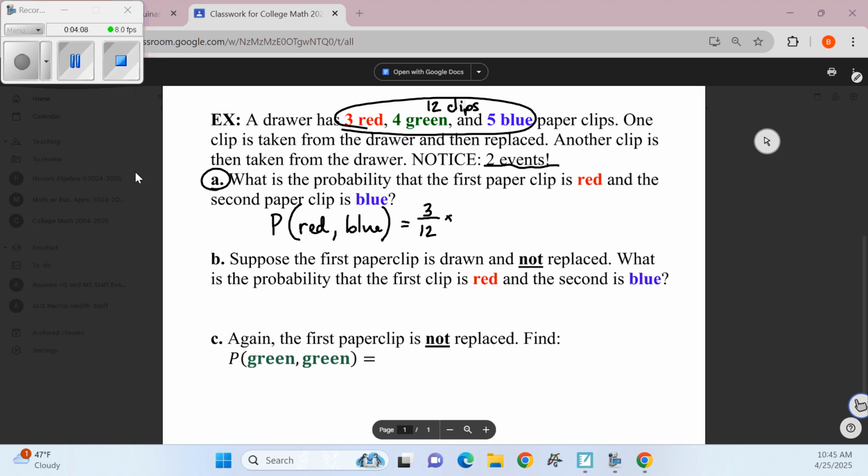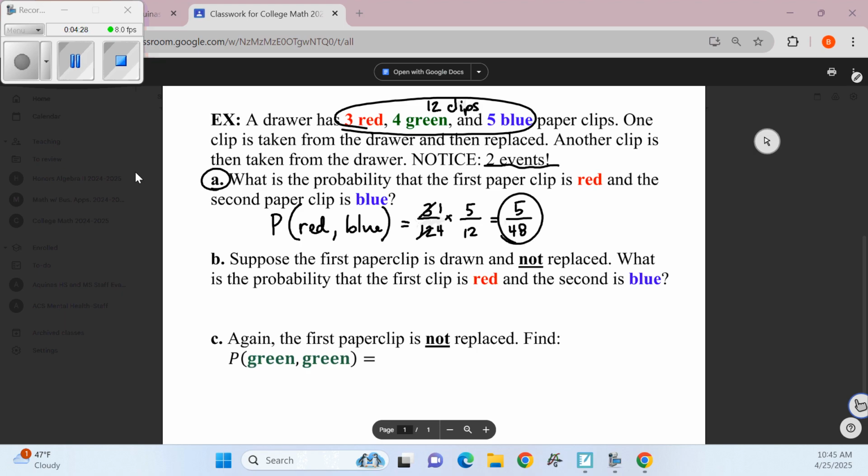Well, there are 5 blue ones. And since I put the first one back, I still have 12 clips in the drawer. And so we literally can now multiply these probabilities. They are independent events. It's probably easier to multiply if we just reduce the first fraction to 1/4 and then multiply across. So 5 out of 48 here.